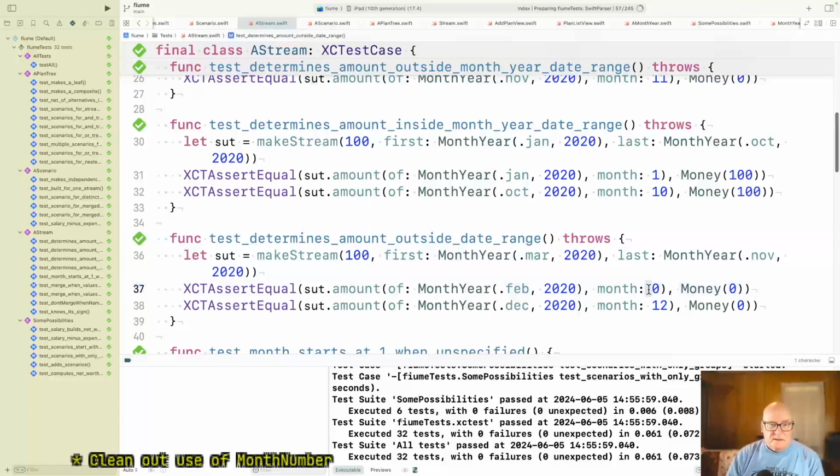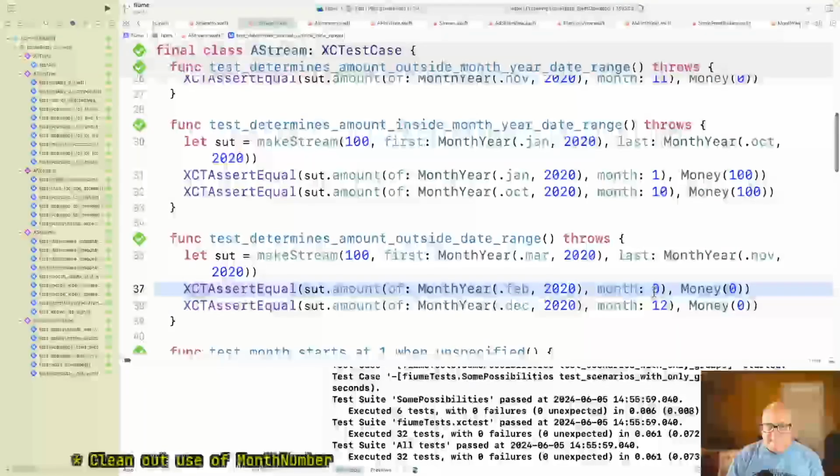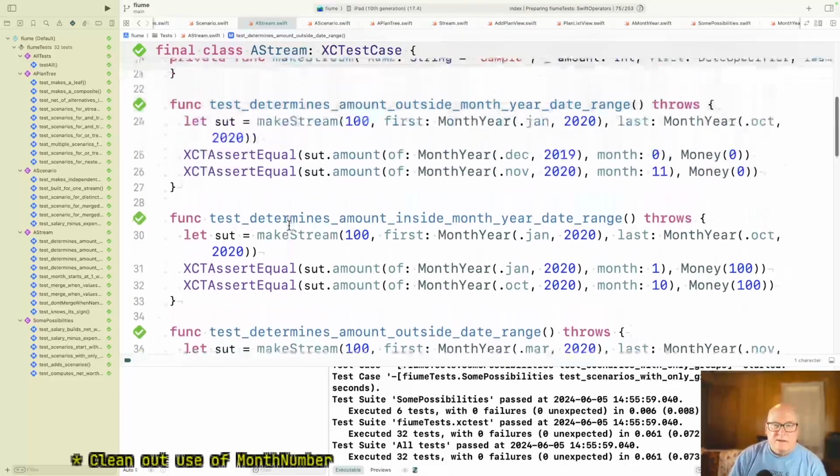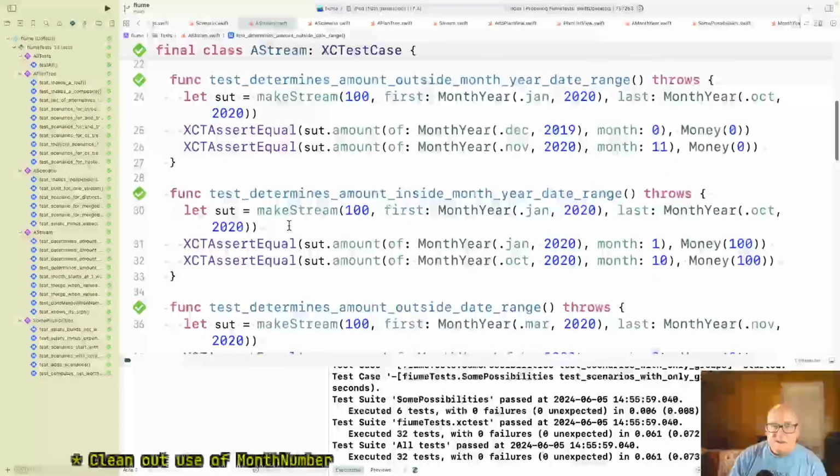Now this yeah, since our stream can use the month year amount of this month, yeah, I think that's okay. Outside month year date range, I think that's the same.